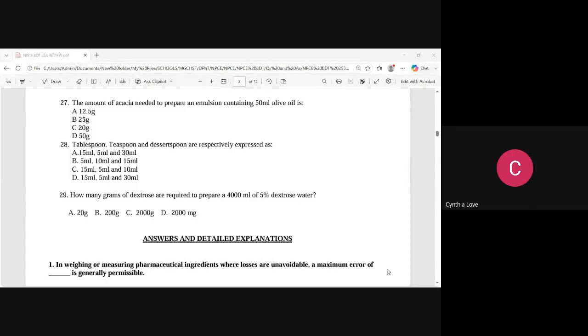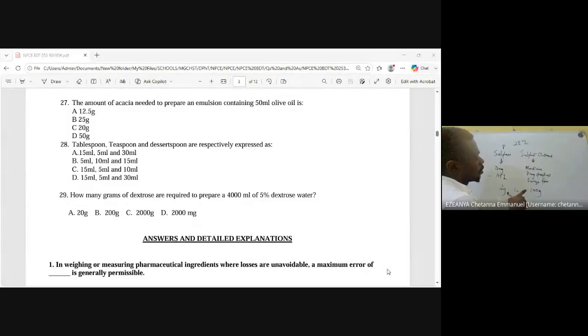Every 2% is 2 grams in 100 grams. So in every 100 grams, there is 2 grams of sulfur. Please always call the name of the product involved to avoid confusion.